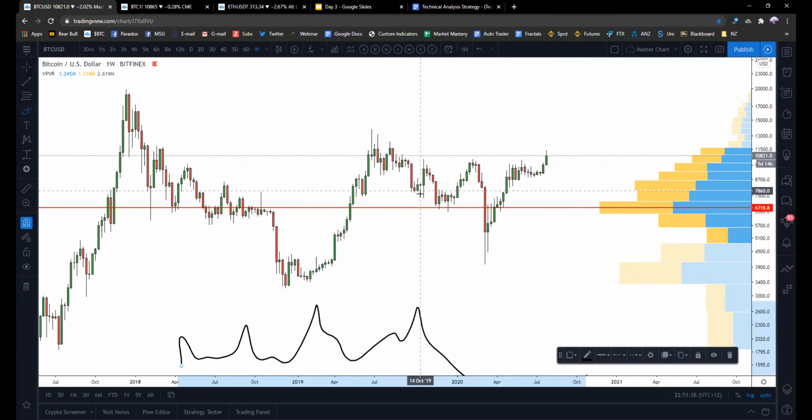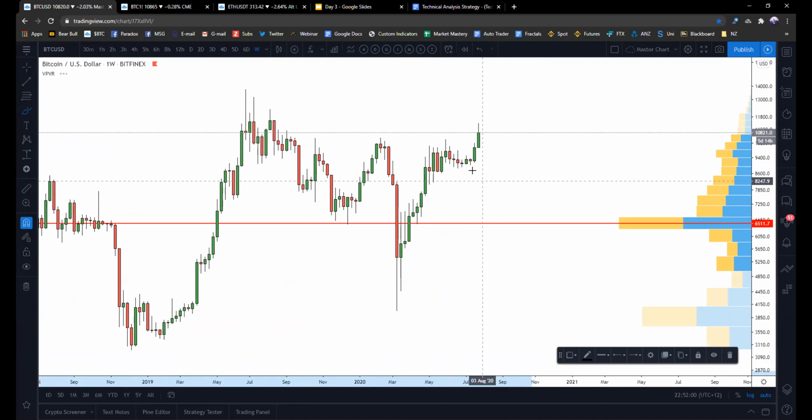They're a bit big at the moment because we're on the weekly and zoomed right out, but it's telling you where a lot of volume happened at a specific price point. And these can help you identify order blocks as well, right? Because this is where a lot of time and price was spent. So even by this indicator, it was telling us there's probably an order block here. So you can use this to help with that as well.